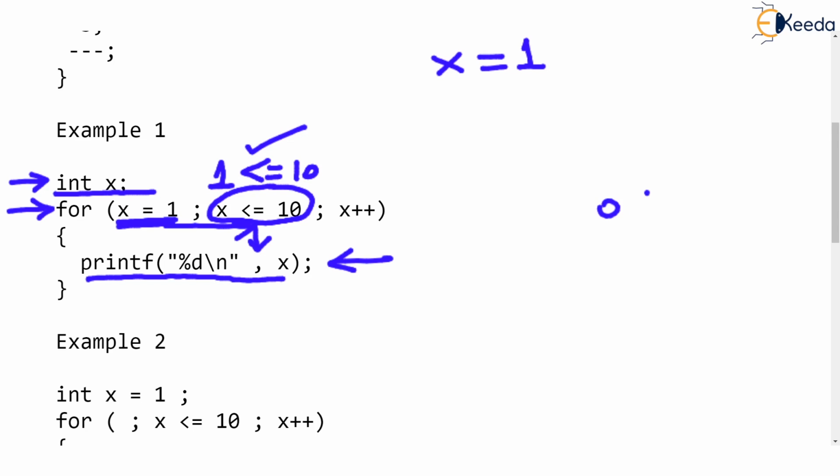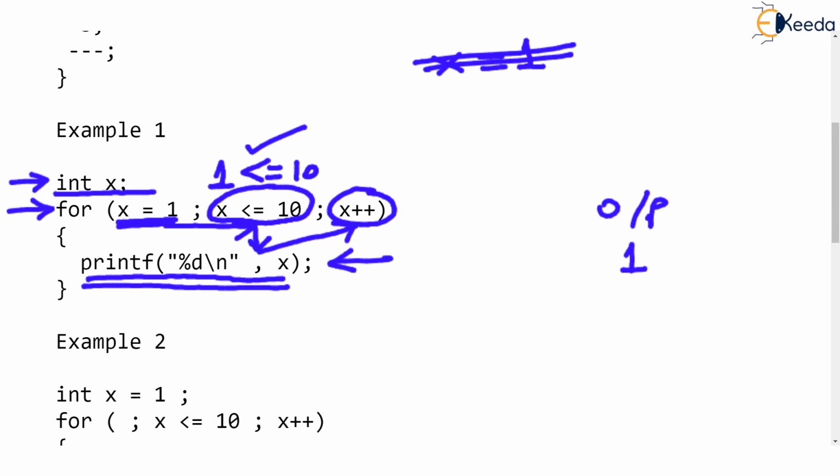So in the output, you will get 1. Now this printf has executed, so the for loop will go and increase the value of x. Just check this part, x++. You all know that x++ means x becomes x + 1. So x, which was 1, will become 2.